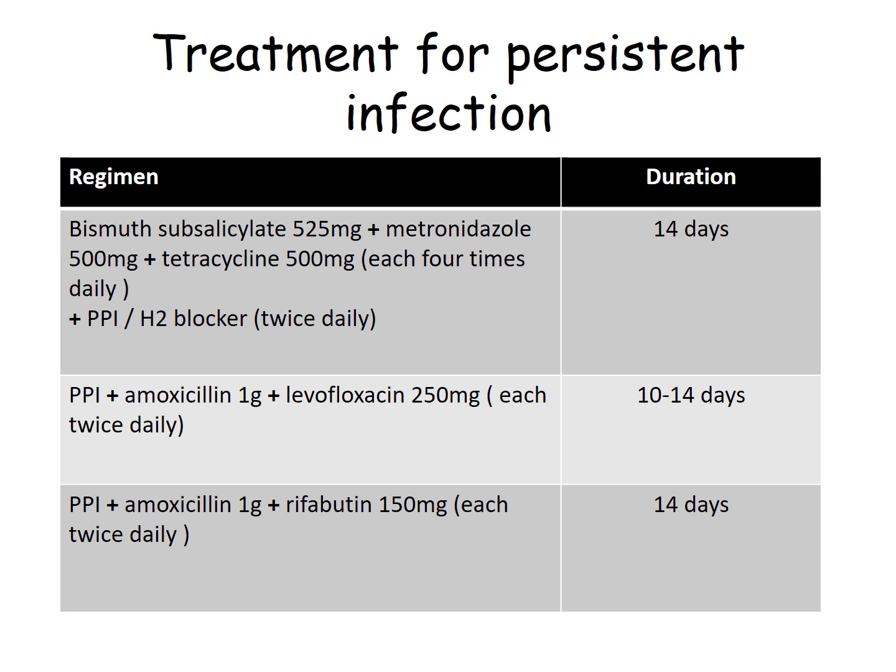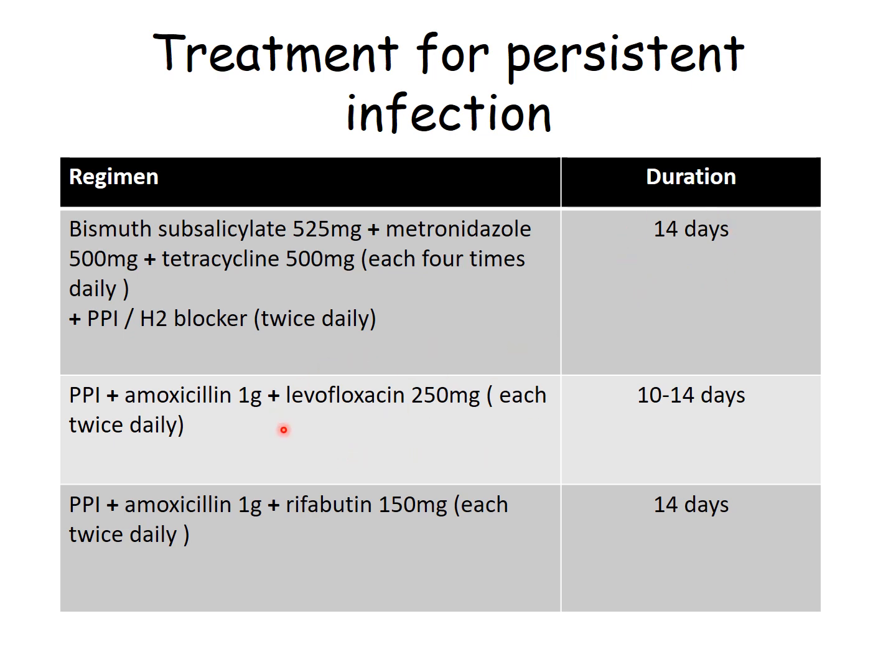Here it is quadruple drug regimen, with 4 drugs. The drugs are bismuth subsalicylate 525 mg, metronidazole 500 mg plus tetracycline 500 mg, each 4 times daily. So these 3 will be given 4 times daily plus proton pump inhibitor or H2 blocker twice daily, same as our triple regimen, and again it is given for 14 days.